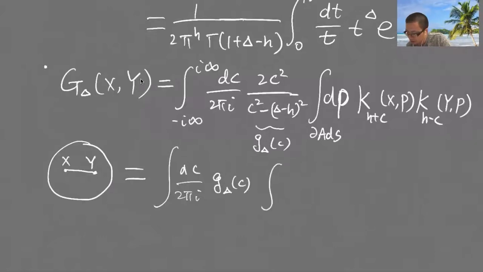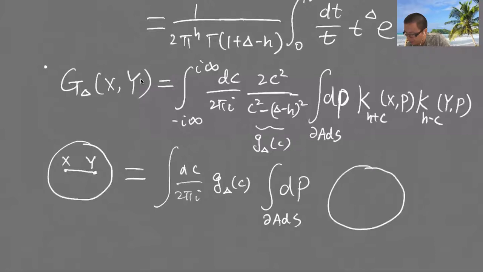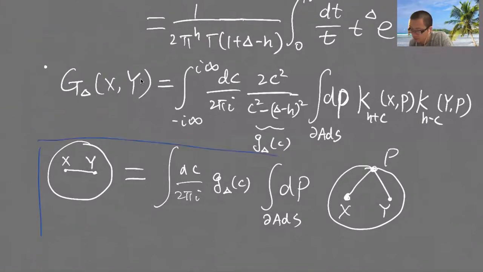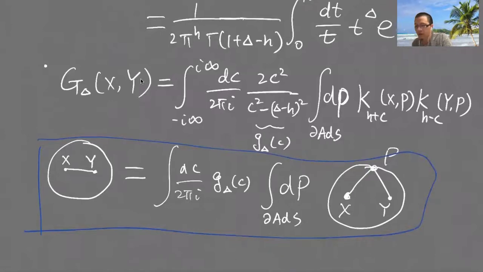Then I have integration over a boundary point p, and so this basically breaks a bulk to bulk propagator into two bulk to boundary propagators. So this, as I said, is a very useful formula for the computation.